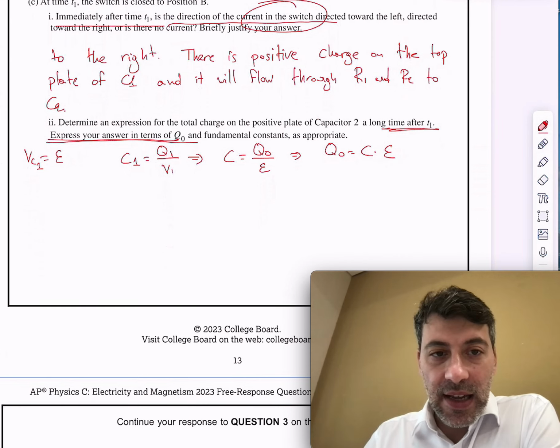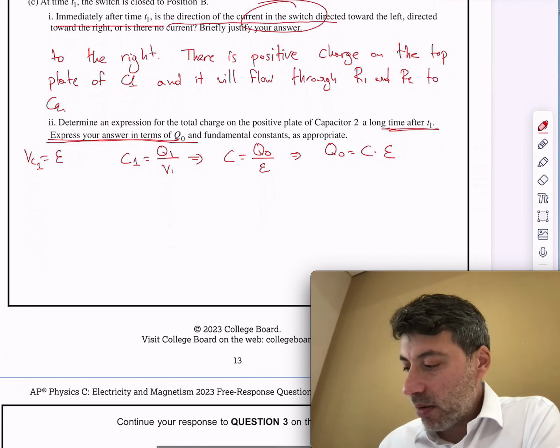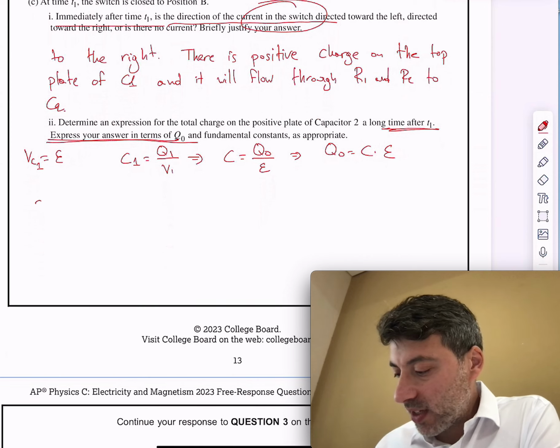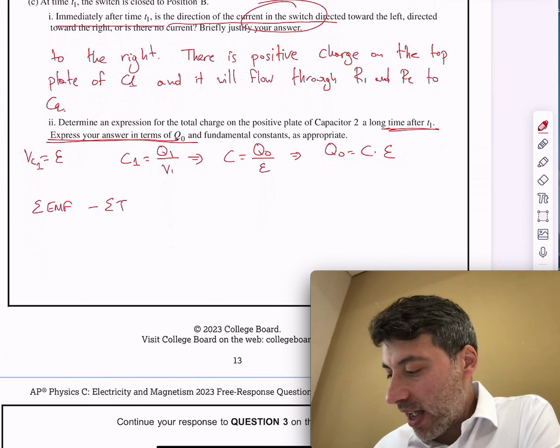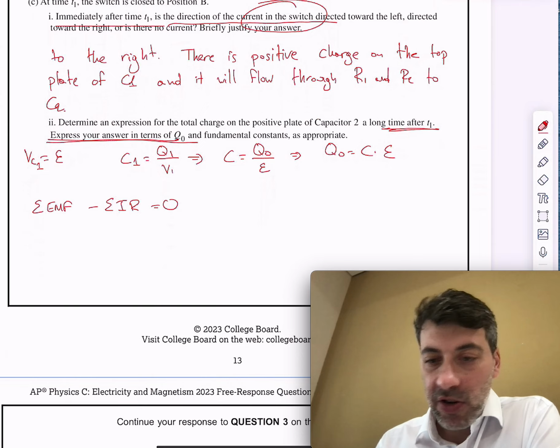And in order to determine the total charge on the capacitor 2, one thing that we can do is apply Kirchhoff's law again. So the sigma EMF for the new circuit minus the sigma IR for the total resistance is equal to 0.